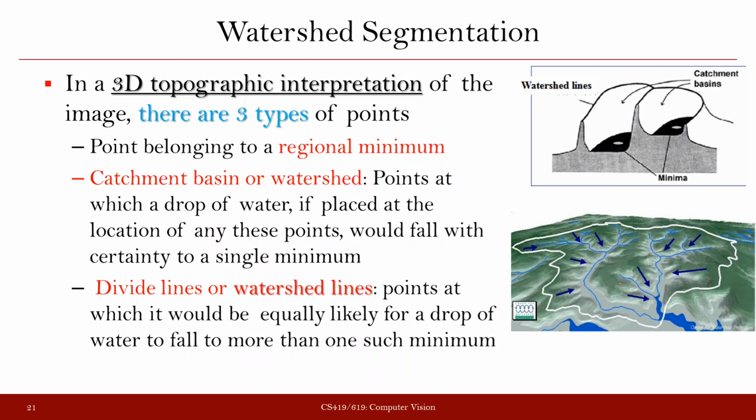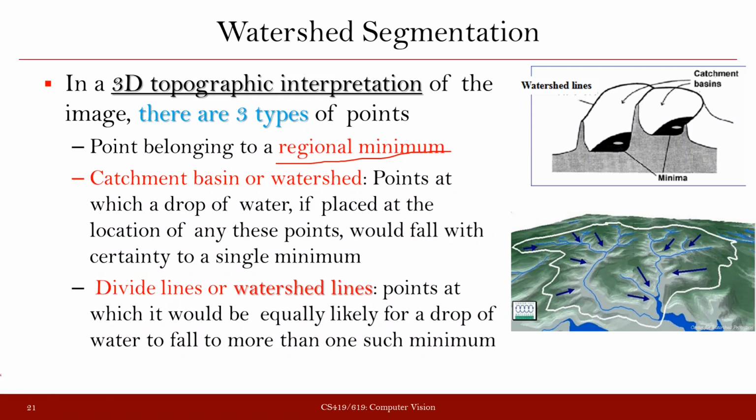So if you analyze these watershed regions, you can find that there are 3 types of points in the watershed region. One is the regional minimum. That means the place where all the water in a particular watershed accumulates; that is a minima. In terms of height, it will have the minimum height. That is why the water is coming and accumulating there.